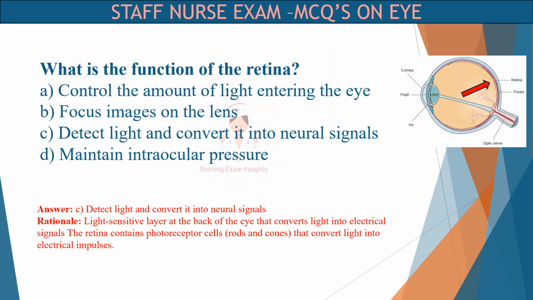Retina is a light sensitive layer at the back of the eye that converts light into electrical signals. The retina contains photoreceptor cells, which are known as rods and cones. The photoreceptors convert light into electrical impulses.